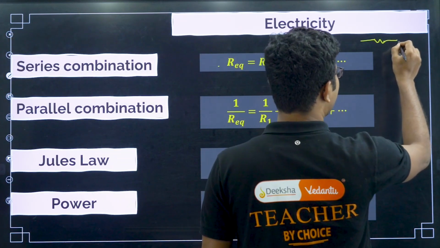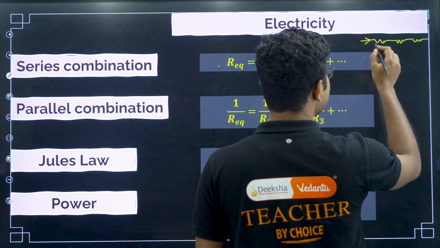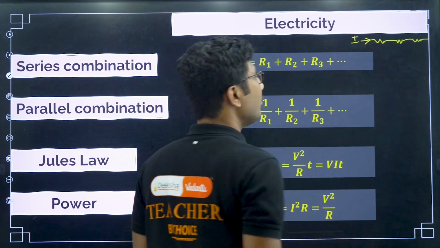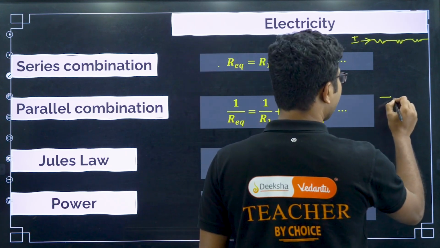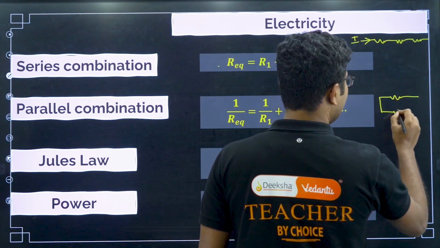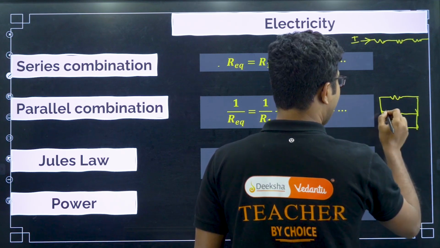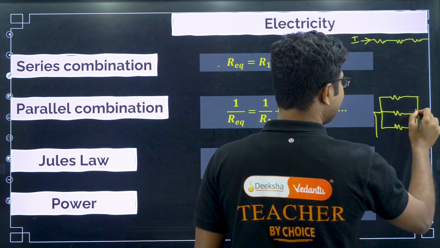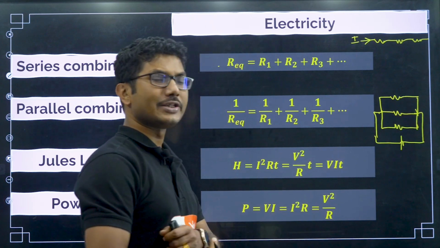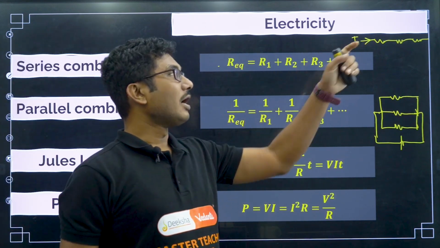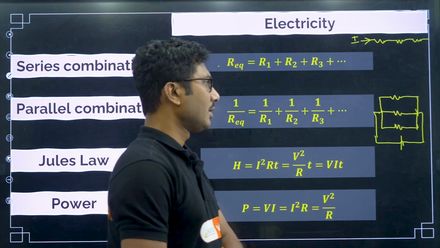Series is like this, one after another, and in case of series, the current flowing through each resistance remains the same. In case of parallel combination, they are connected like a ladder, and in this case the voltage across all the resistors remains the same. Current is different, but voltage remains the same. In case of series combination, voltage is different, current remains the same, right?